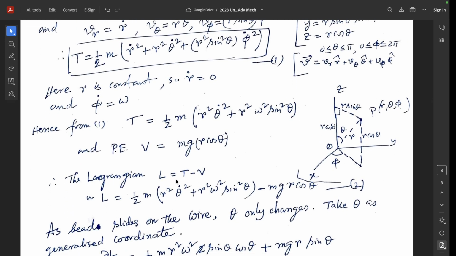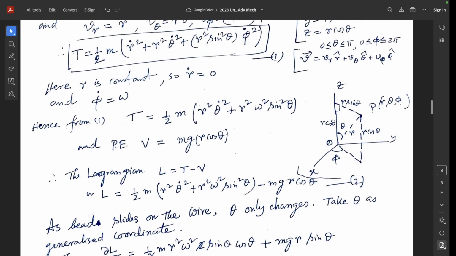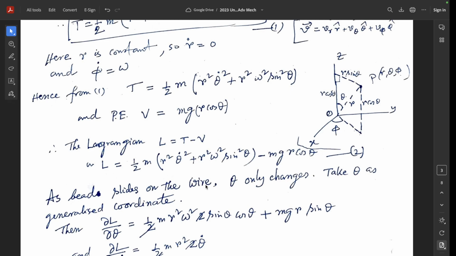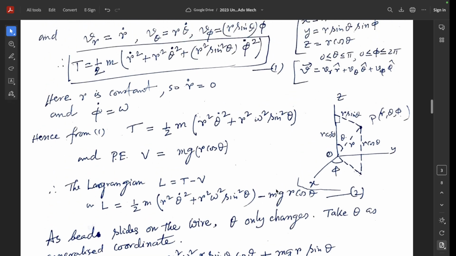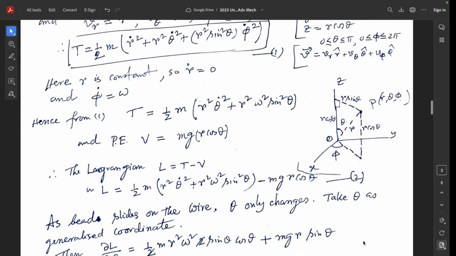So the Lagrangian L equals T minus V. This is T and this is minus V. Expression 2 is the Lagrangian. As the bead slides on the wire, only theta changes, so take theta as the generalized coordinate.